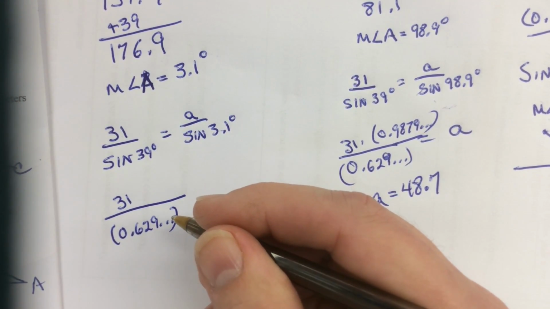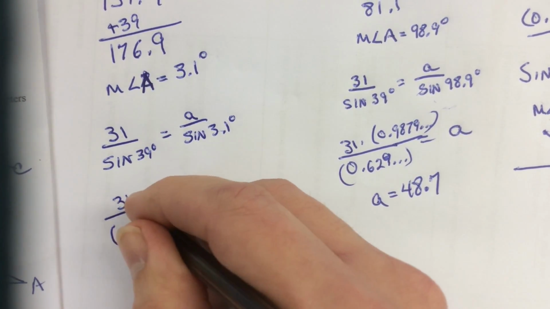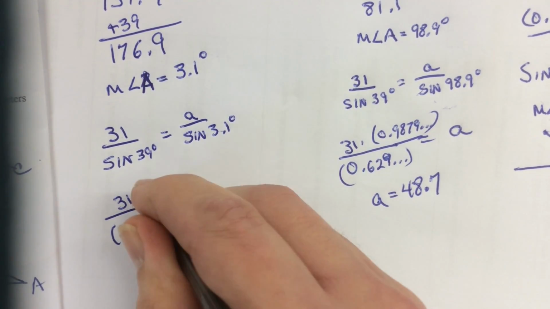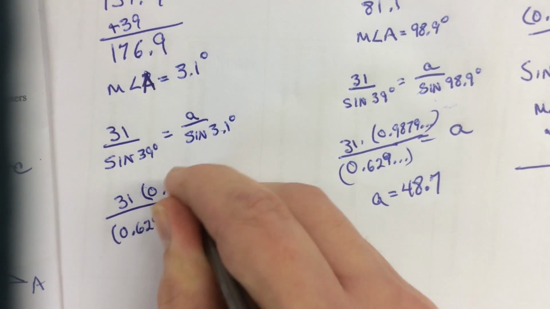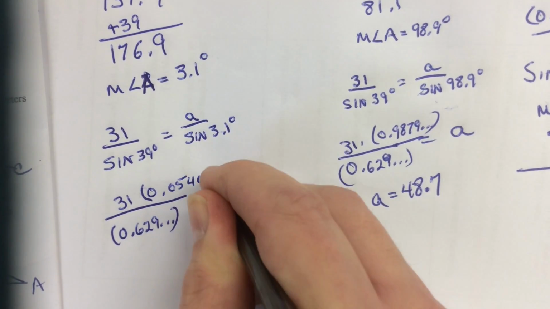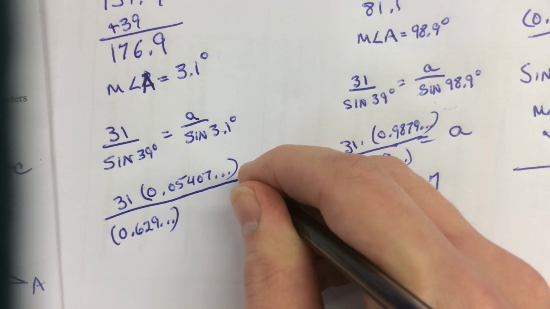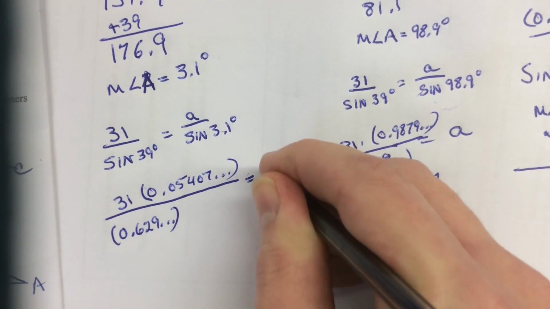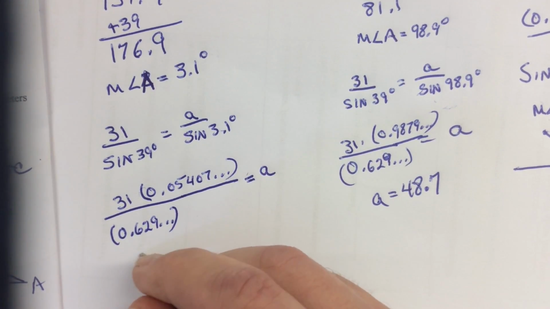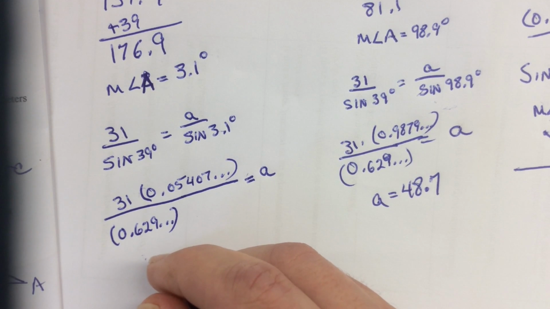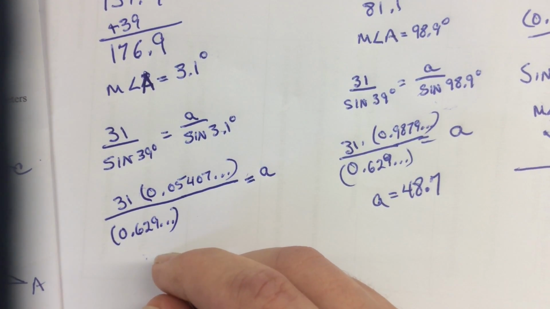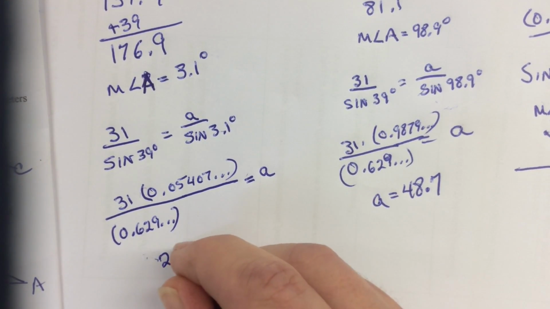The sine of 3.1 degrees is 0.05407 something something something. And that's going to be equal to A when we do that arithmetic. And that arithmetic turns out to be 2.7.